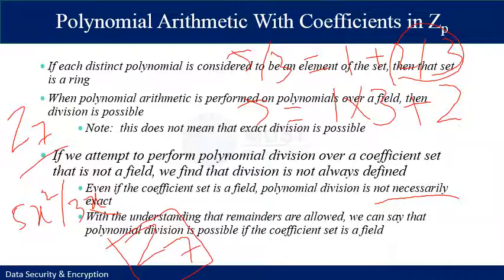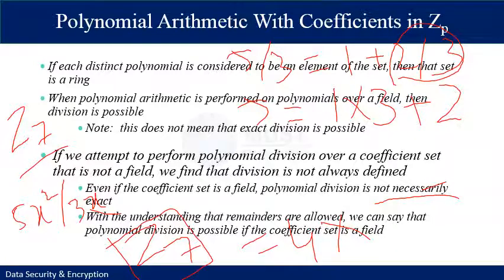In this way we can produce the same result we produced in the 5 by 3 case, and we are given the result of 4x, which is a valid polynomial over Z7. However, as we demonstrate presently, even if the coefficient set is a field, polynomial division is not necessarily exact.